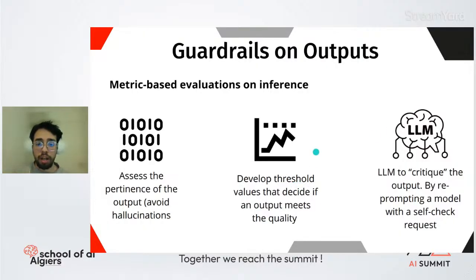You can also develop a threshold, which is the famous threshold technique. This is really intuitive and nice, especially used in tasks that need summarization, for example, transformation of the text, maybe translation also. You want to decide when the LLM meets a quality threshold.